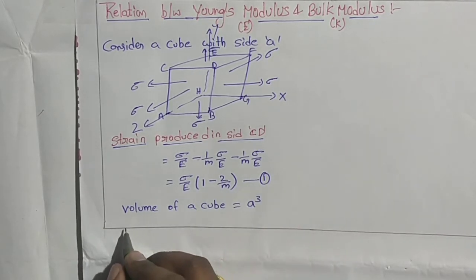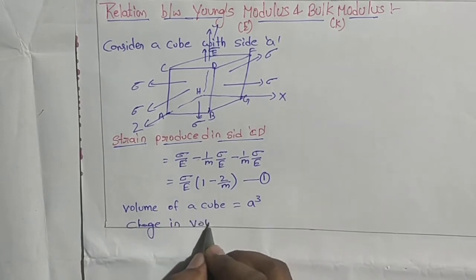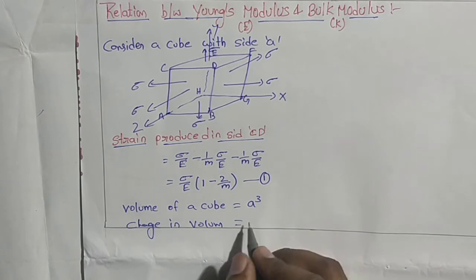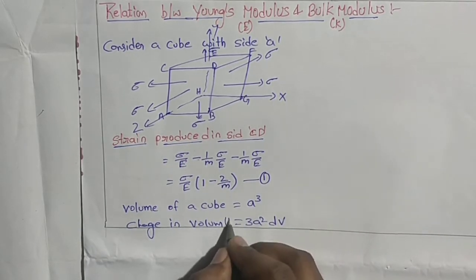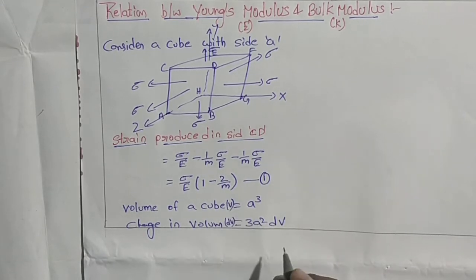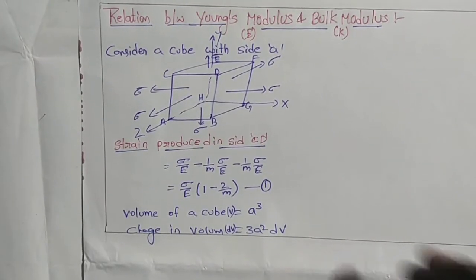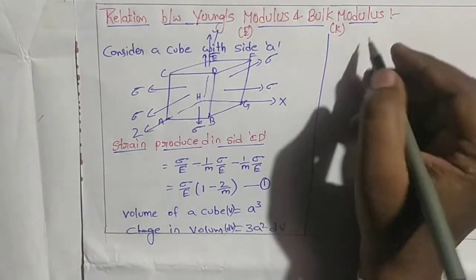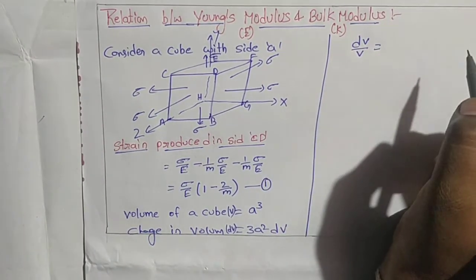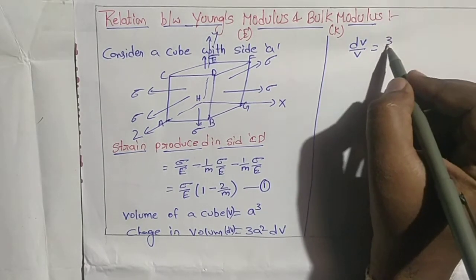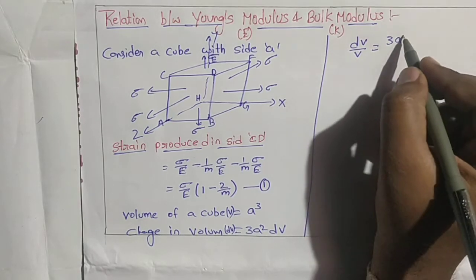Next, change in volume, by differentiating the above equation, is 3a square da. Therefore dV by V equals 3a square da by a cube.